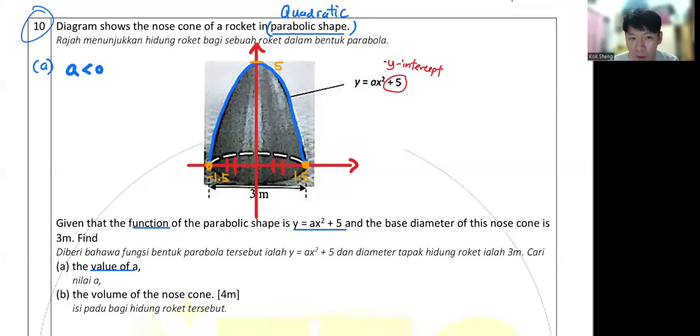So normally, there are only 3 different ways to put it on. Either you put it in the middle, cut in half, or you put it all the way to the left side, or all the way to the right side. The rest, like in this place here, is actually not recommended, because you can't get extra info. But because it has the y-intercept, for this question you cannot put it on the left, because the y-intercept is not 5.